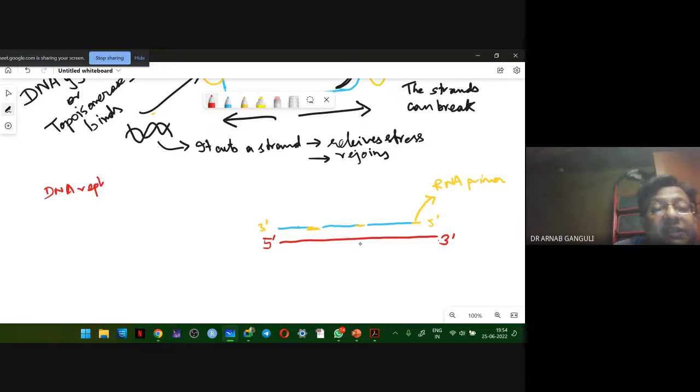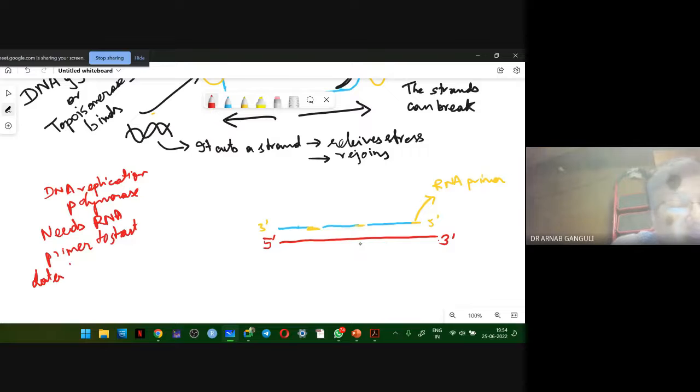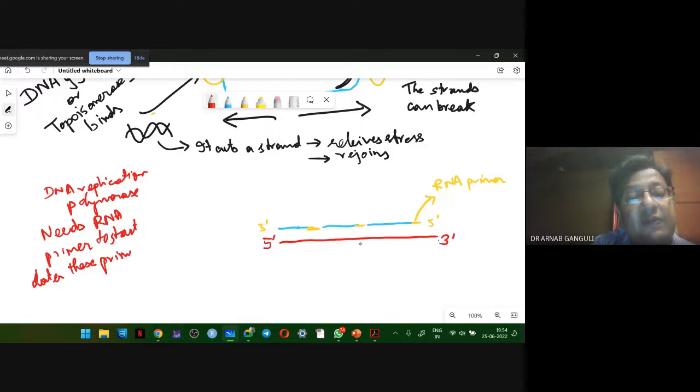Now, since we have seen that DNA polymerase needs an RNA primer to start, later these primers need to be removed. So what happens in the next step?